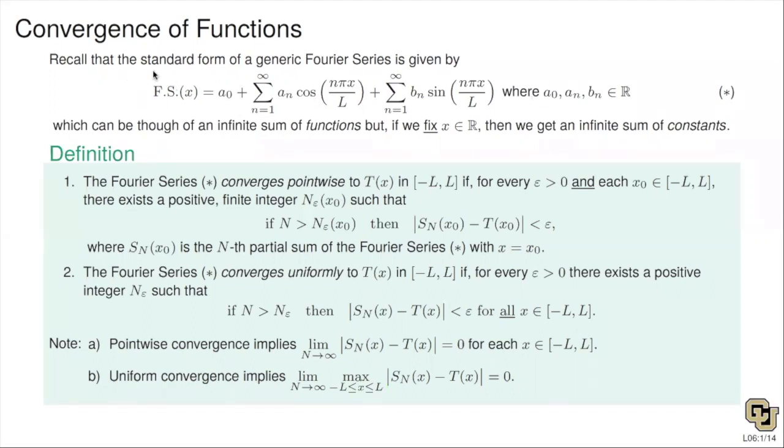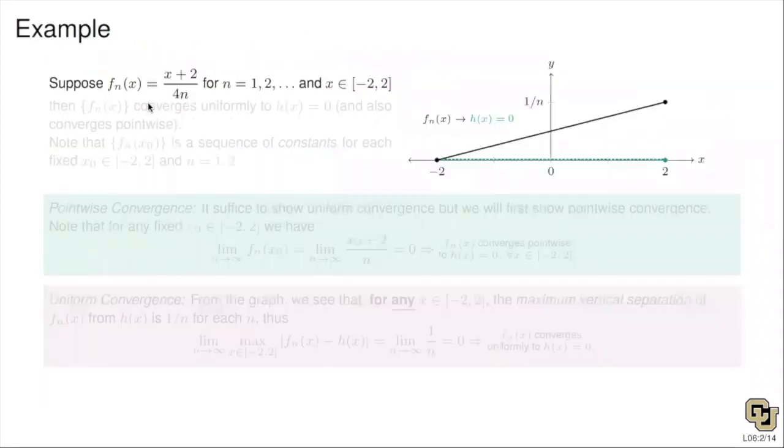So, this is kind of abstract stuff, and let me show you an example. This has nothing to do with Fourier series specifically. This is just an example from analysis, okay? So this is an example of a sequence of functions that converges both pointwise and uniformly.